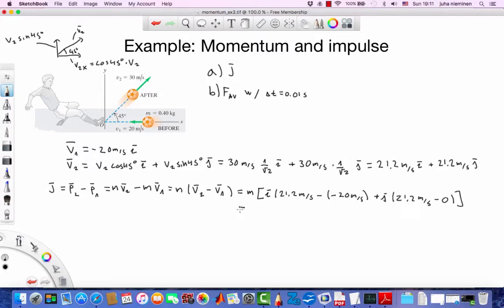So we get mass of the ball, which is 0.4 kg, that wasn't explicitly written out, but let's put it there, times, in i direction, 41.2 meters per second, and in j direction, 21.2 meters per second.